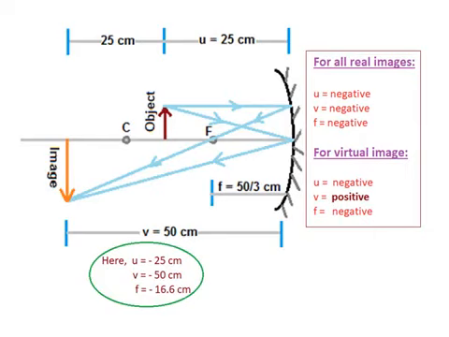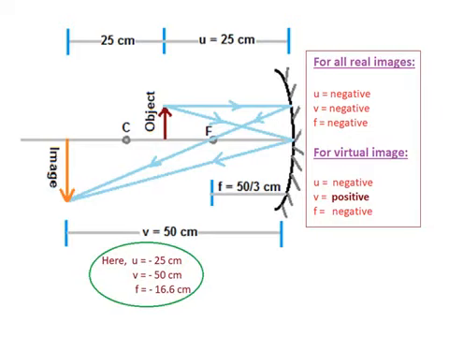Now when you come down, the distance between the image and the pole of the mirror is denoted by the letter v, that is the image distance, and it is 50 centimeters. Now the focal length is the length between the focus and the pole, and that is given as 50 by 3 centimeter. How this 50 by 3 comes, we will discuss later. Just remember, it is 50 by 3, which is equal to 16.6 centimeter.